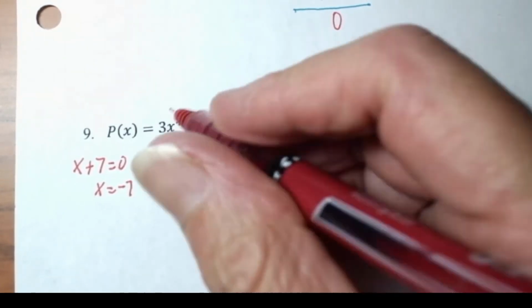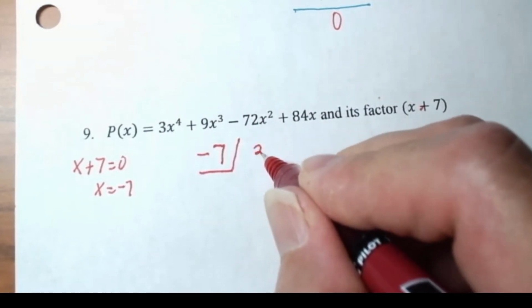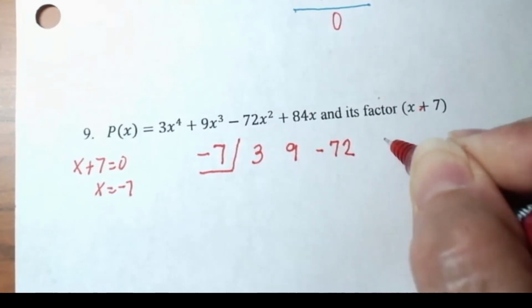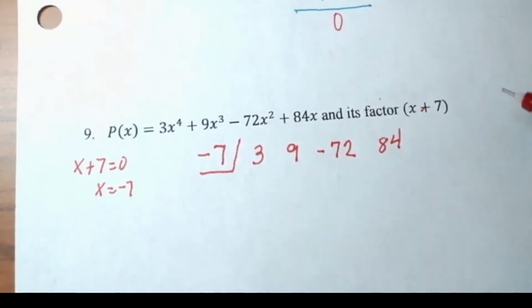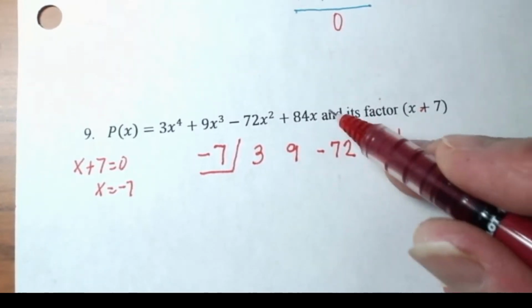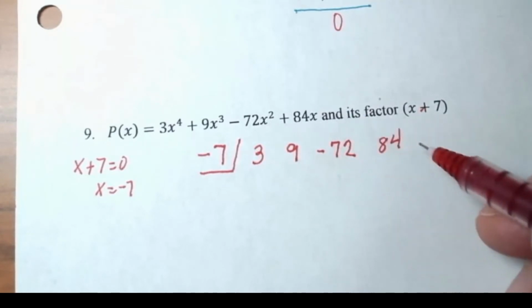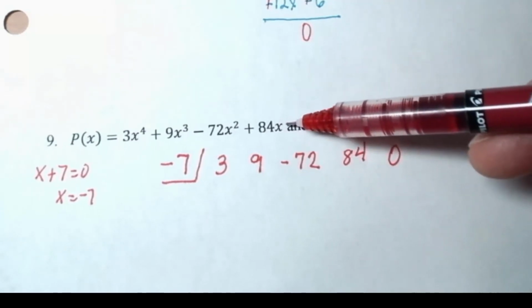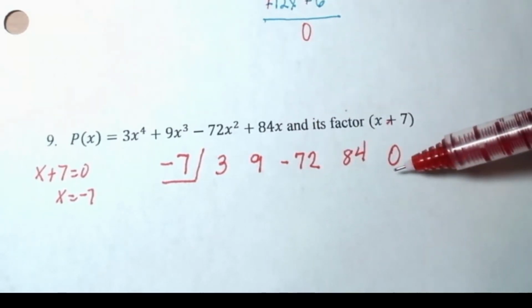And then you're going to write these coefficients, so 3, 9, negative 72, 84. And guess what? There's a missing term. Did you notice that our constant was missing? Well, I need to put a 0 placeholder for that. Okay, so we didn't have a constant here, so we have to put a 0 there.